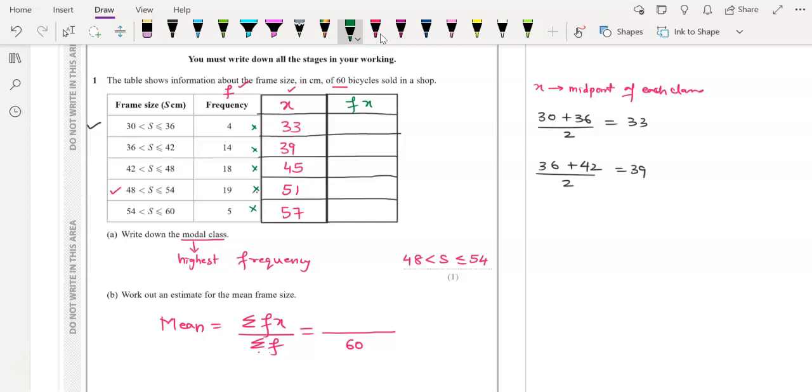So 4 times 33 will give you 132. 39 times 14 will give me 546. 18 times 45 is 810. 19 times 51 will be 969. And 5 times 57 is 285. Now, when I add all these values of fx, I will get sigma fx. Now let's put this in the calculator.